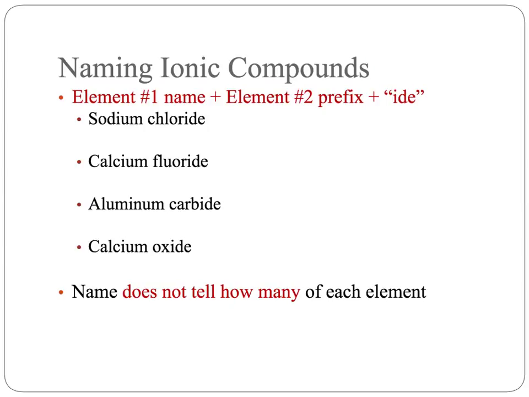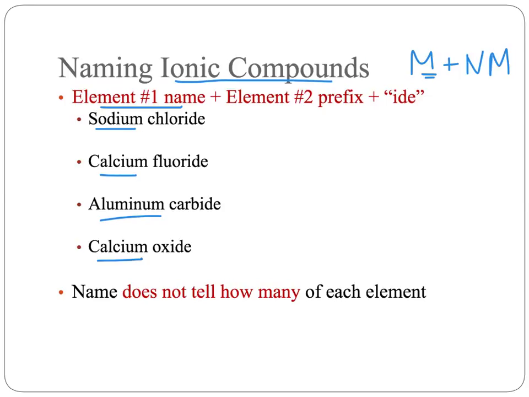So how do we name these compounds? An ionic compound, remember that's a metal plus a nonmetal. We start with the element number 1 name, which will be your metal. I'll say metal first because that lets you know that you start with that. And you just say the name of that metal. Sodium, calcium, aluminum, another calcium.